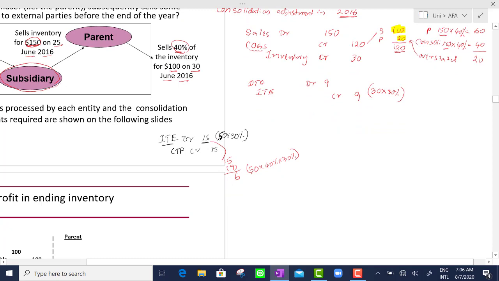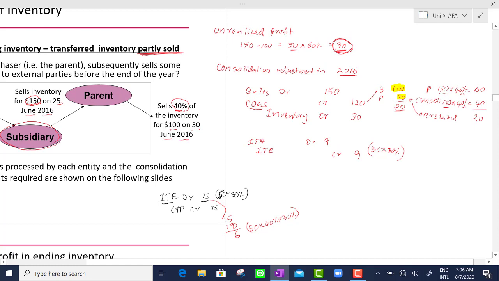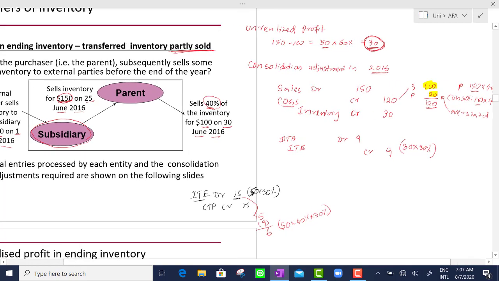Okay, now so far we discussed the consolidation adjustment for intra-group sales, right? In the next year, that is 2016. Okay, I mean in the same year. Now look at this example.